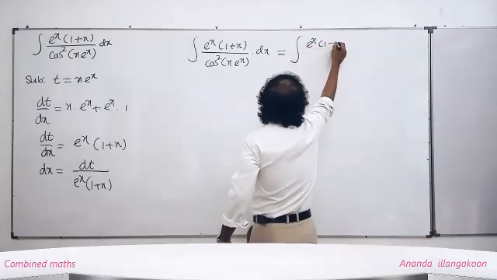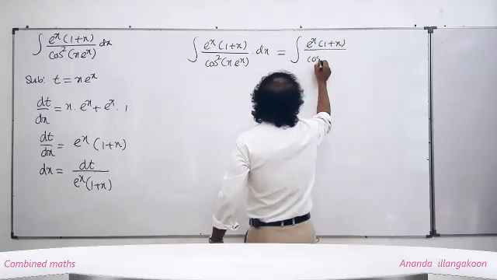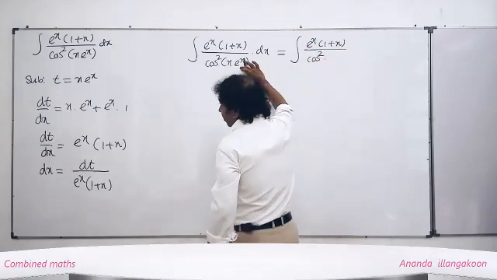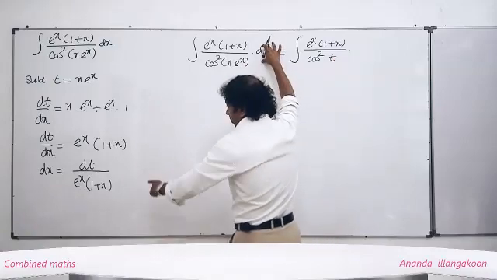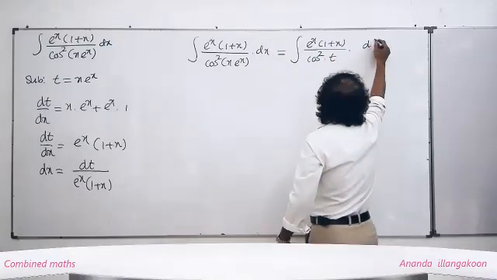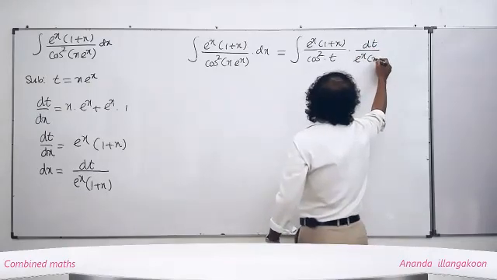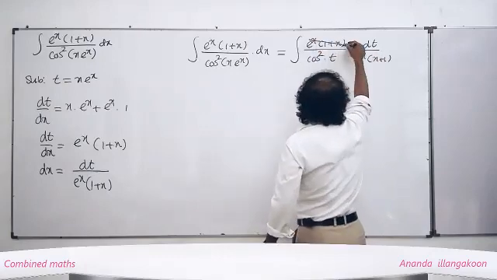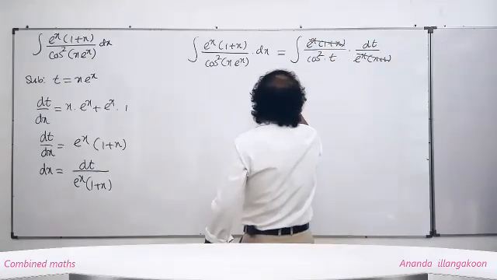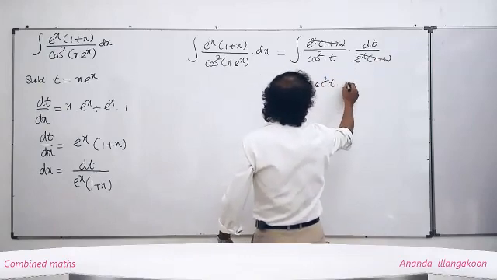e^x times (1 plus x) divided by cos squared of (x e^x), which is t, and dx is dt upon e^x times (x plus 1). Completely this part you can cancel down with this. This is sec squared t dt.